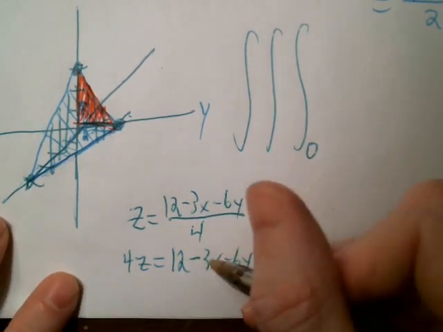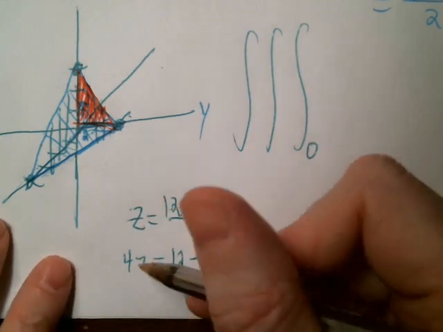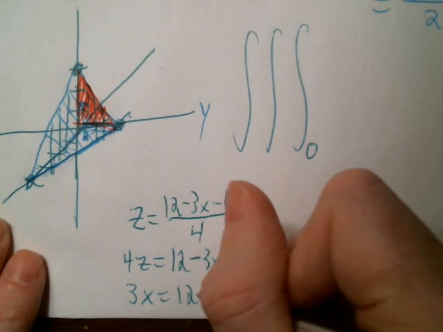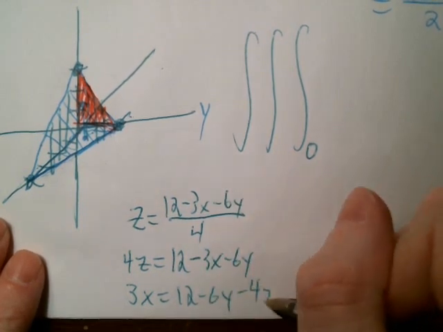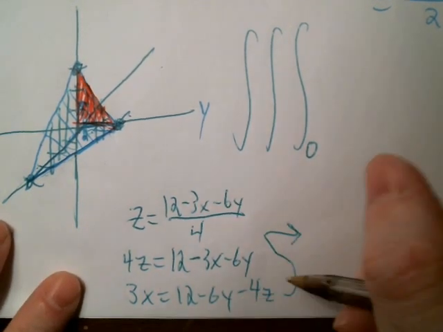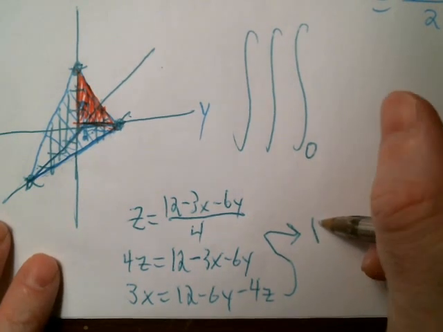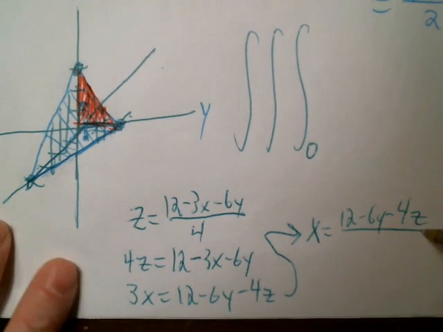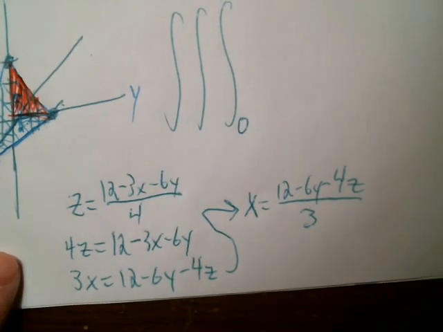Move the 3x over and the 4z over. So 3x equals 12 minus 6y minus 4z. And then divide both sides by 3. So I get x equals 12 minus 6y minus 4z all over 3.